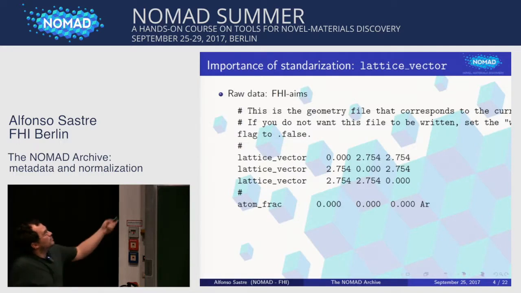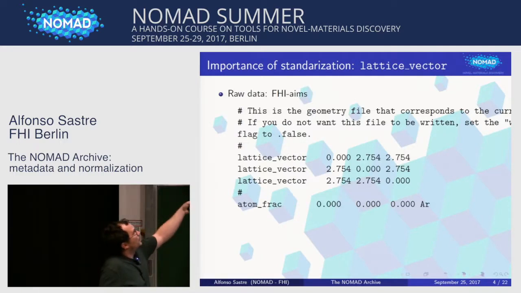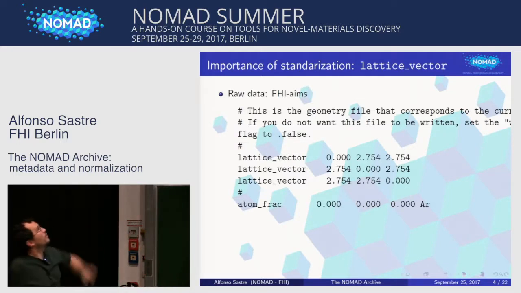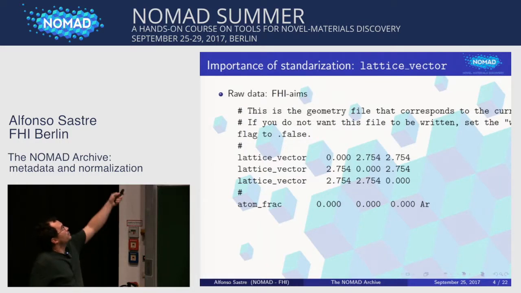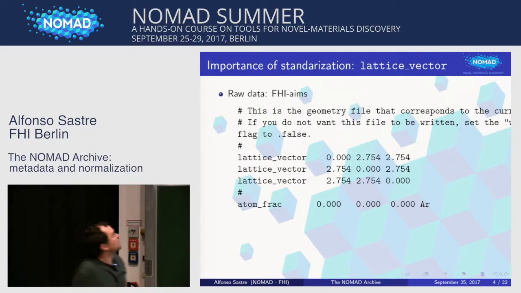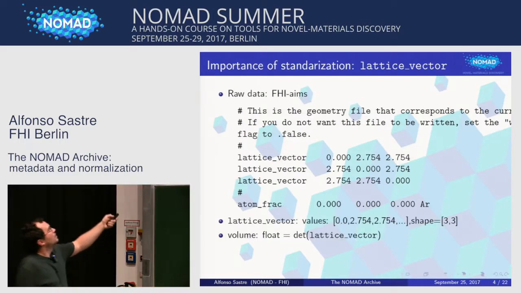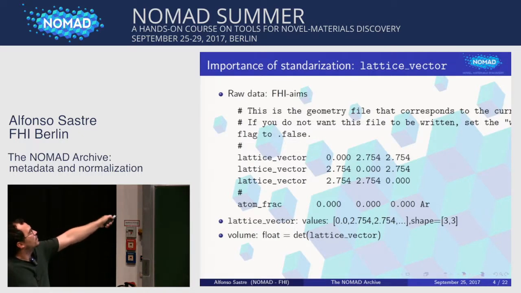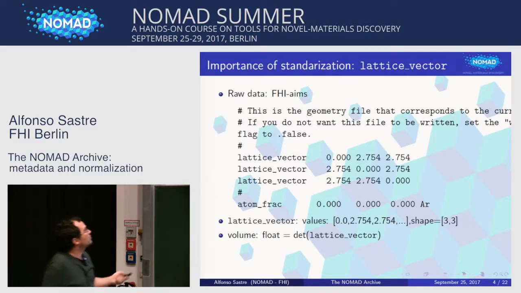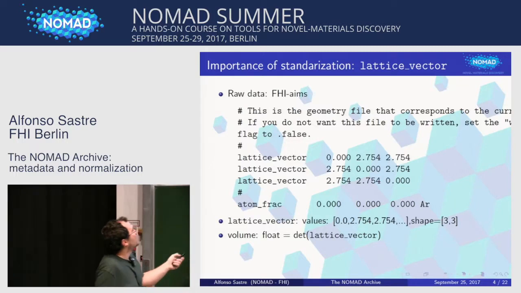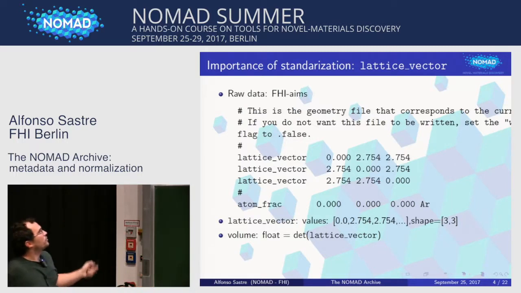Well, first of all, just an example. This is a typical file from FHI-aims, and maybe I'm interested in this quantity that is a vector. So I can code something, obtain the values, put them in a matrix or whatever, in whatever language I use. I define a function and I compute the volume.